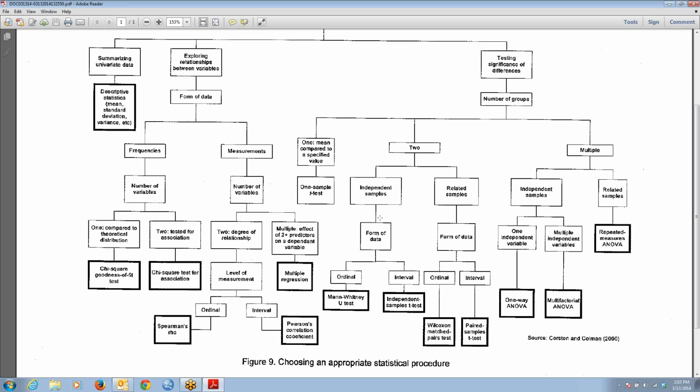So right now what you should be thinking is, okay, we are testing significance of differences. We have two groups, New Yorkers and Californians. They're independent, and the data is interval. It's number of smiles in 1 minute. So we would use an independent samples t-test. Easy, right?